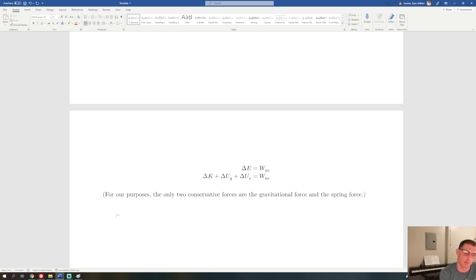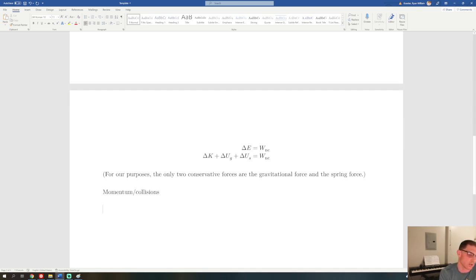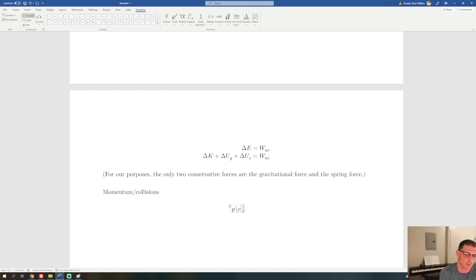So momentum in collisions would be important. Now, linear momentum is defined to be the mass of an object times its velocity. This is a vector.